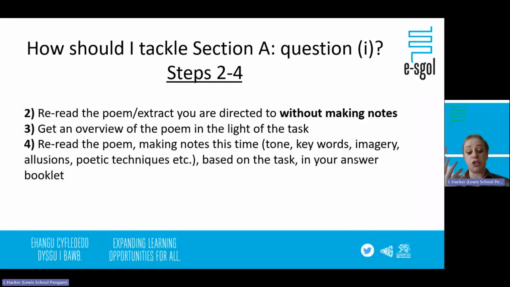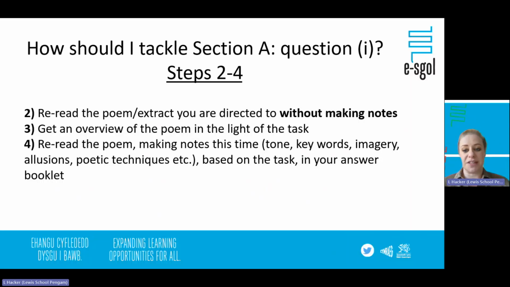Think about the tone of the poem, the tone in the way it's written and also in the way it's performed. Key words and ideas that appear in the poem, what imagery has been used, are there allusions to any other things that run throughout, what poetic techniques have been used and how have they been used, how are they effective. Let's look at the structure of the poem.